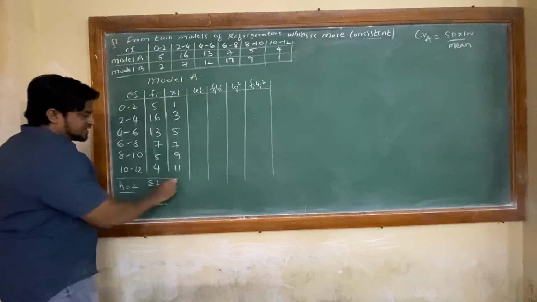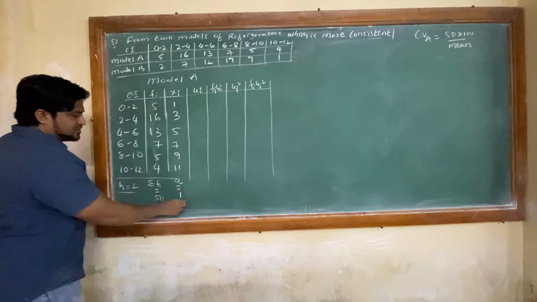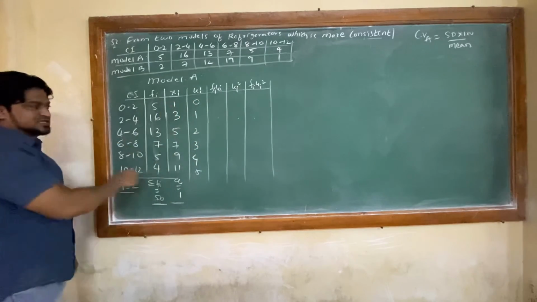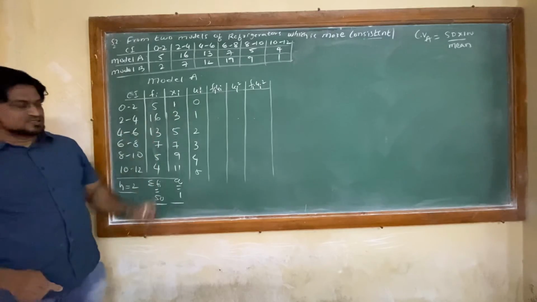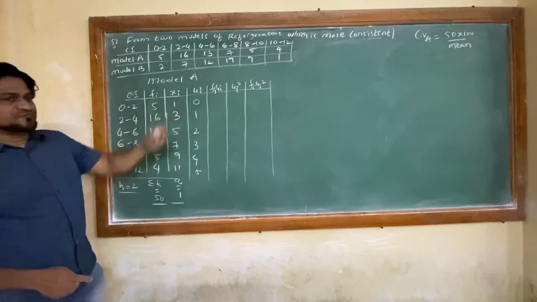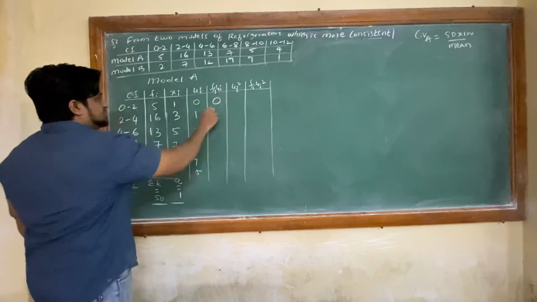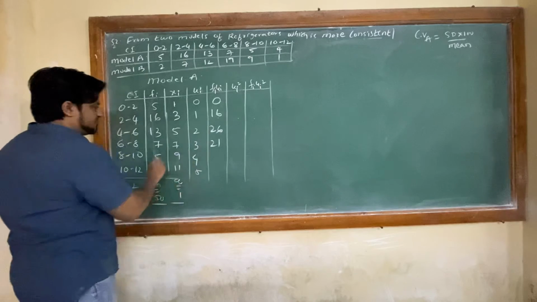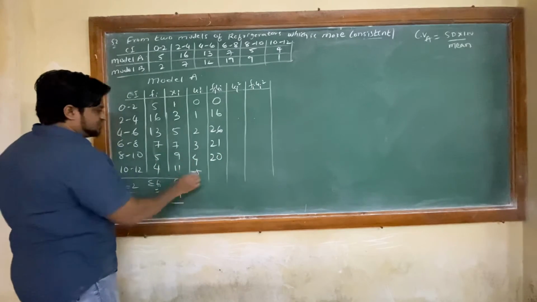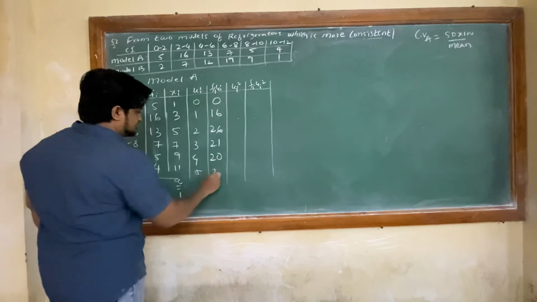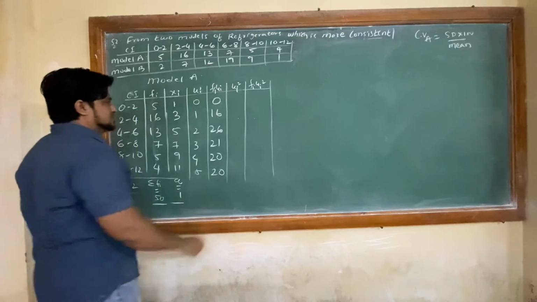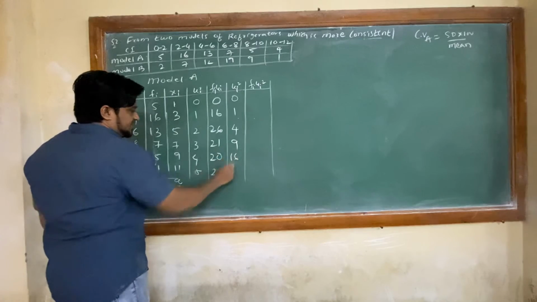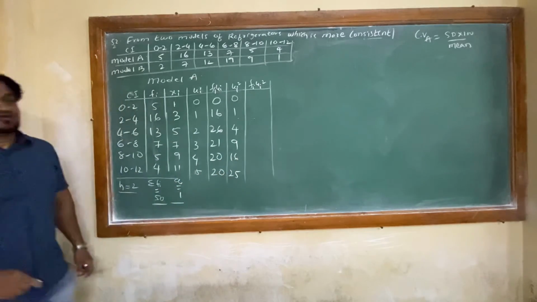Then Ui, if we consider A as the first value, then this is 0, 1, 2, 3, 4, 5. Fi into Ui: 5 into 0, 16 into 1, 13 into 2, 7 into 3, 5 into 4, 4 into 5. Ui square: 0, 1, 4, 9, 16 and 25.